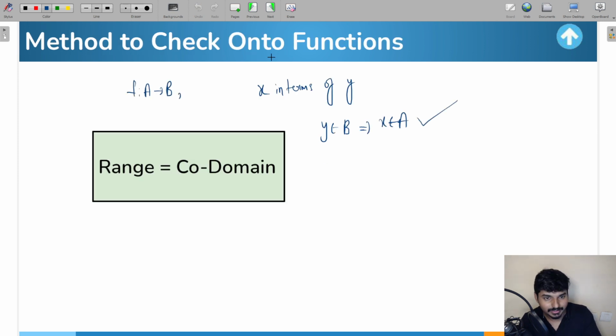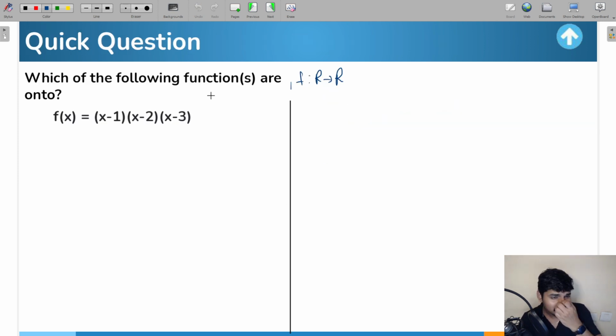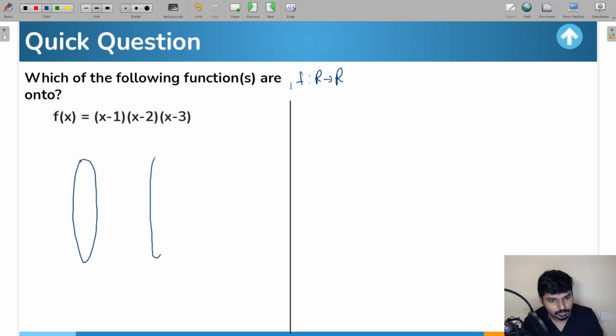Okay, now let us go with this question. It is asking you whether this is going to be onto or not. Now everyone try to understand. This is the first set and the second set. The function is defined from real numbers to real numbers. That is, the domain is all the real numbers, and the codomain is also all the real numbers.